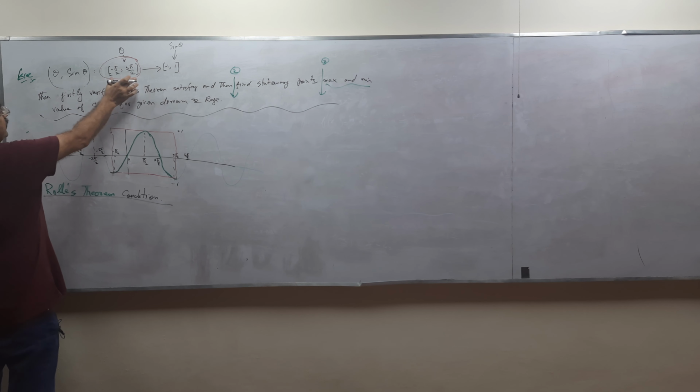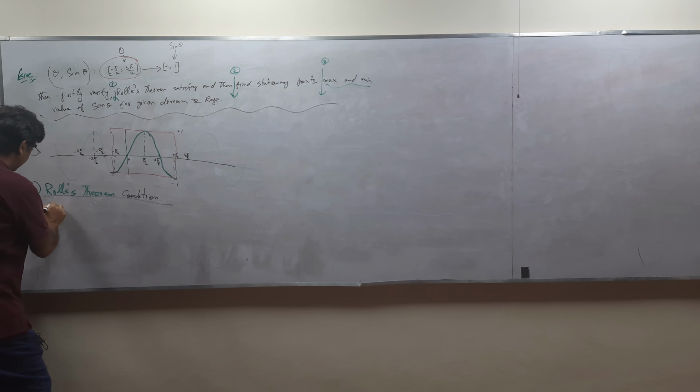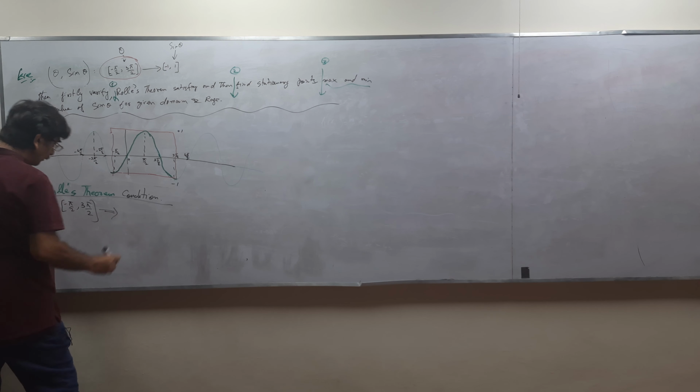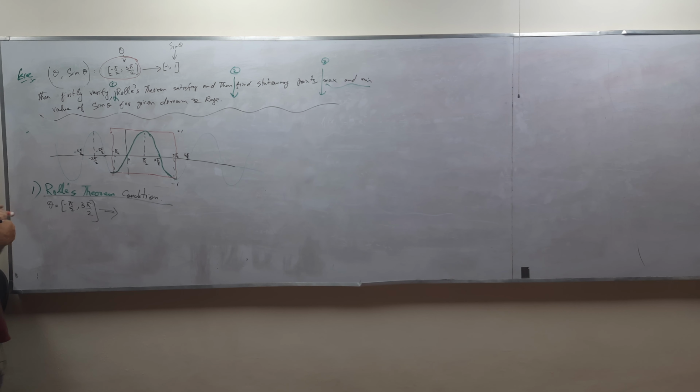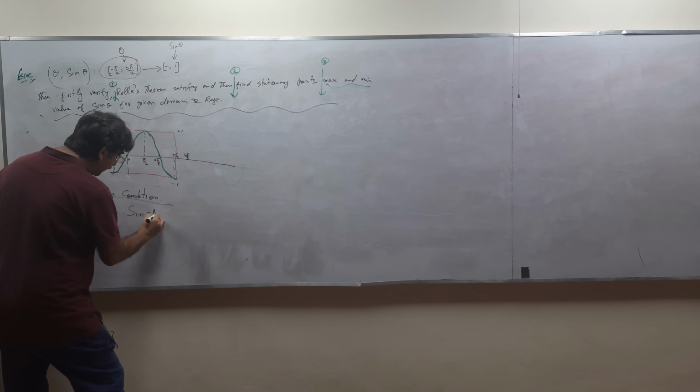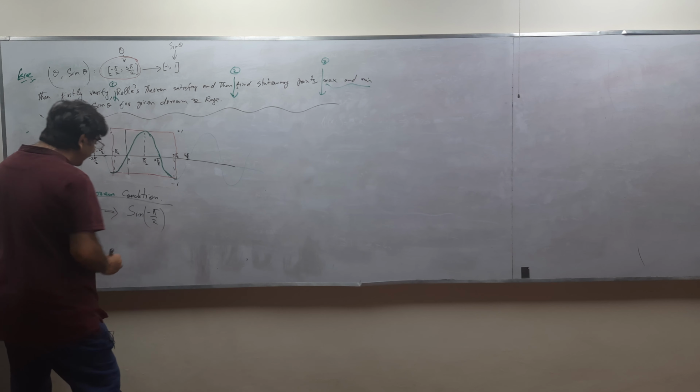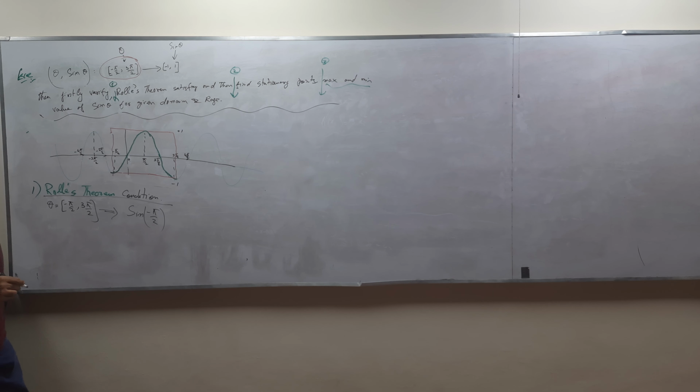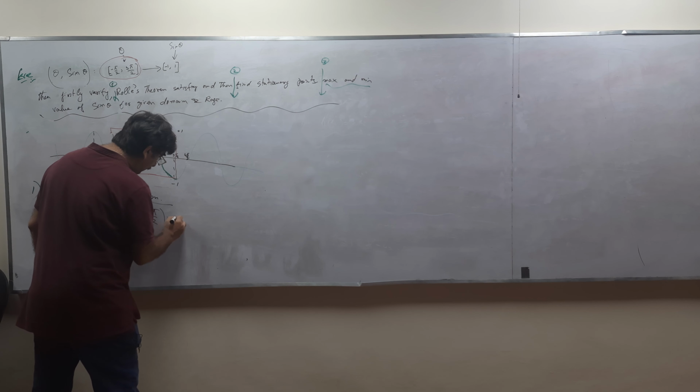The domain of theta is minus pi by 2 to 3 pi by 2. So sine of minus pi by 2 is equal to minus 1.